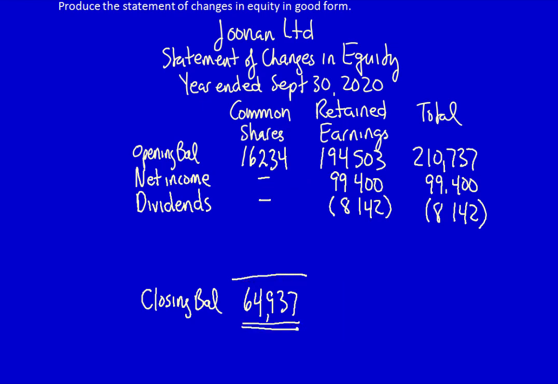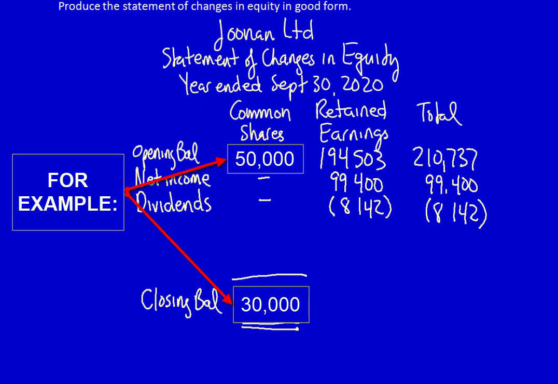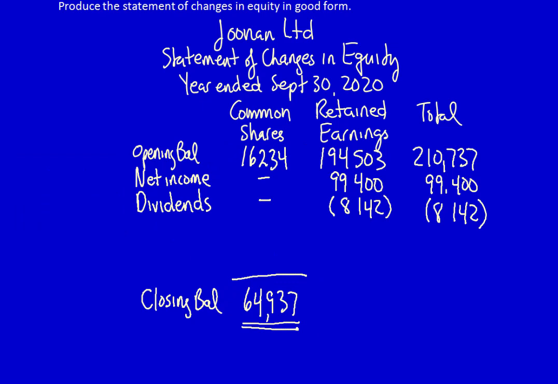If common shares were repurchased, then the amount of ownership in the company is actually going down, and the amount of common shares outstanding is also going down. So if there was a share repurchase, the difference between these amounts would result in a negative number. 64,937 minus 16,234 is a positive number, which indicates that shares have been issued.